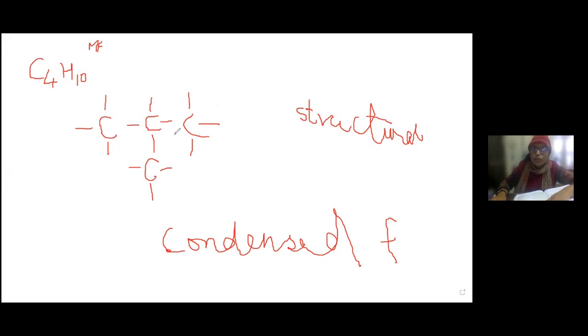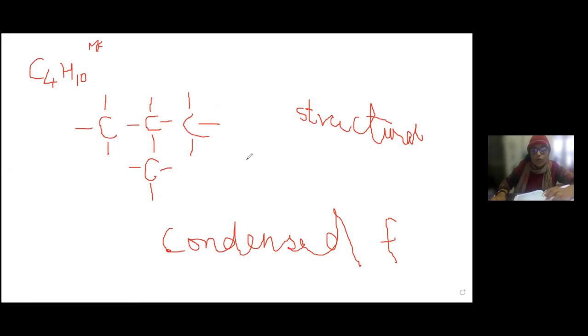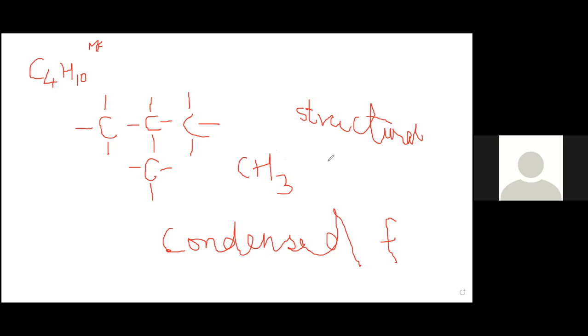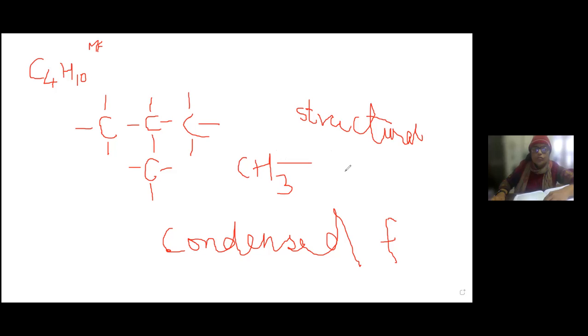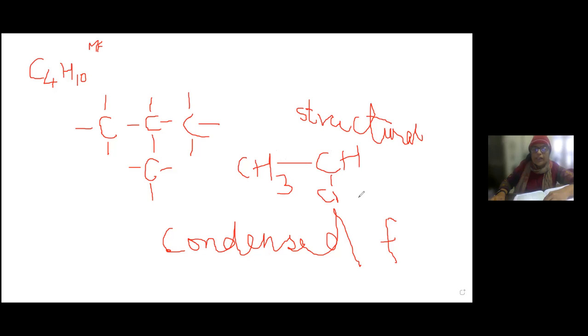Followed? Yes, ma'am. अब इसका कंडेंस फॉर्मूला लिख के बताएंगे. देखो, पहला कार्बन पे 3 हाइड्रोजन है, सो CH3 लिखेंगे हम. ओके, सेकेंड कार्बन पे क्या है बेटा, बताओ. एक हाइड्रोजन. एक हाइड्रोजन और नीचे क्या है? एक CH3 है. एक CH3 ग्रुप है कि नहीं?